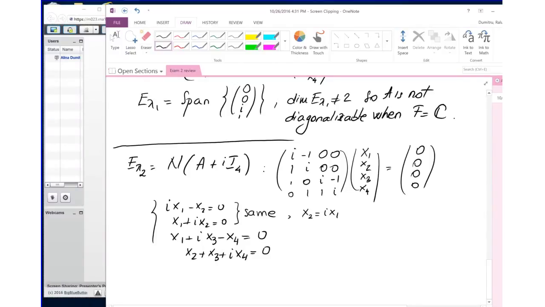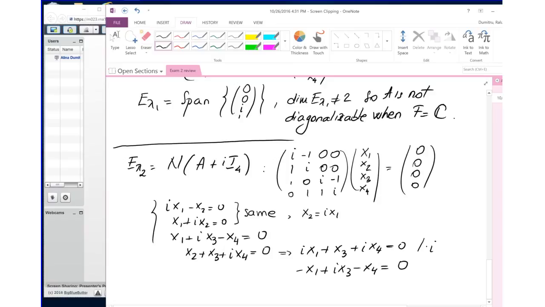x2. And the answer is still no. Because if you replace x2 by ix1 and multiply everything by i, you get negative x1 plus i x3 minus x4 equals 0.